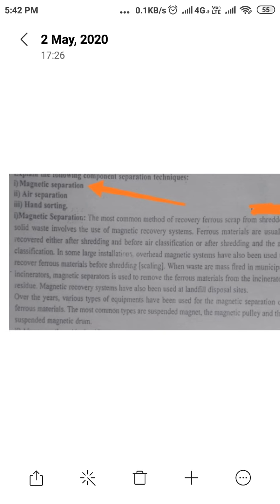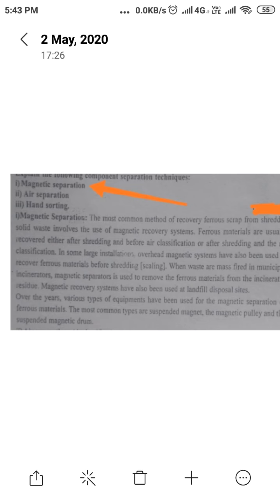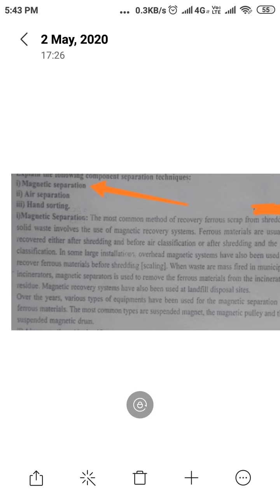Next, air separation. Air classification has been used for a number of years in industrial operations for the separation of various components from the dry solid waste. Air separation is used to separate the lighter materials, usually organic matter, from the heavier ones, usually inorganics.